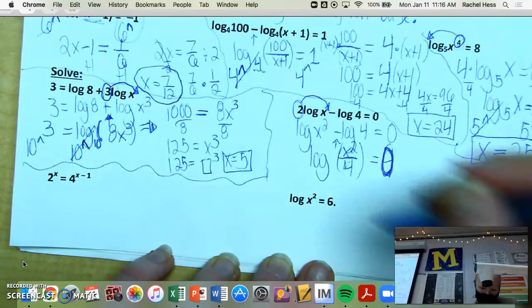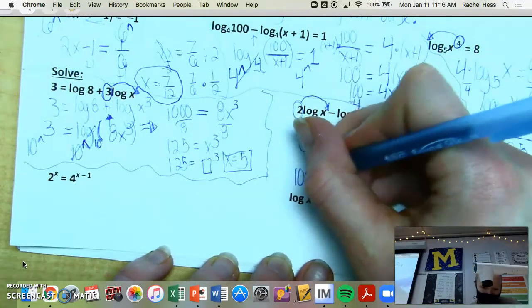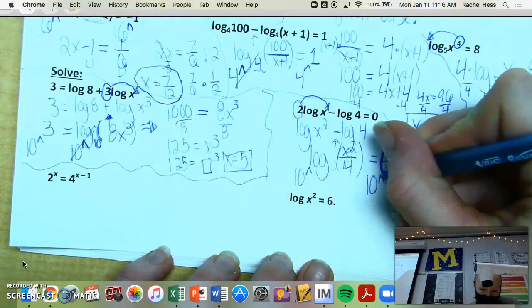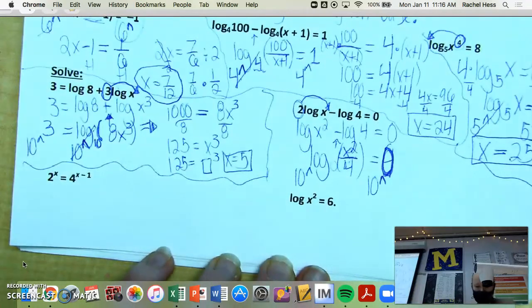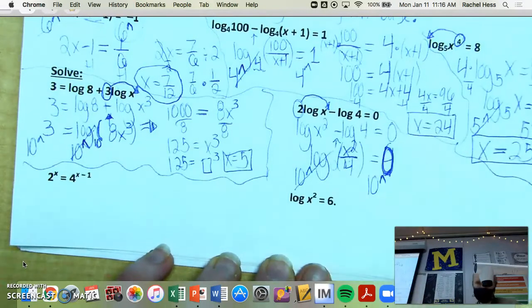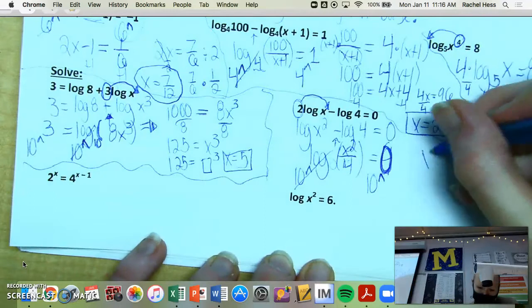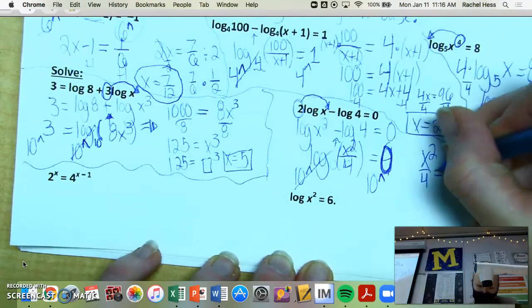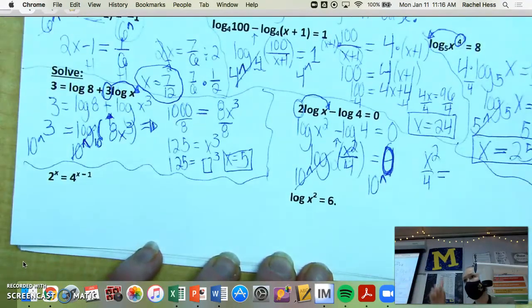And then, there is no base. I need to exponentiate using base 10. Log of base 10 and exponentiating with base 10 cancel. So I'm left with x squared over 4 equals, anything to the 0th power is 1.